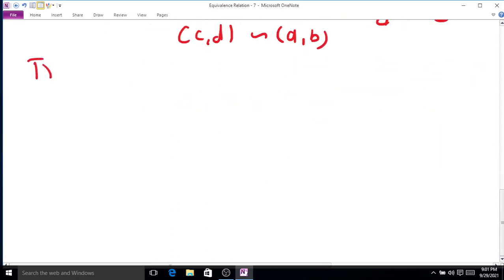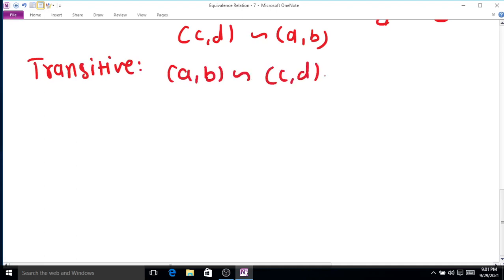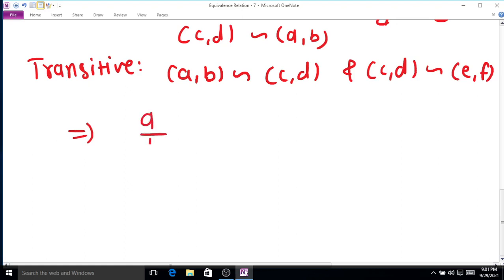So, transitive. Suppose (a, b) is related to (c, d) and (c, d) is related to, say, (e, f). Then a upon b is equal to c upon d, and c upon d is equal to e upon f.